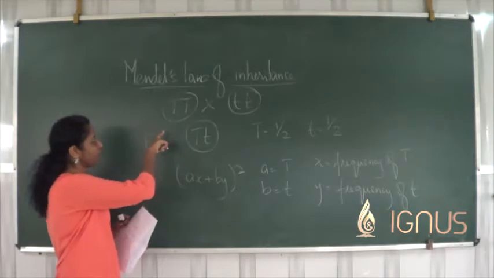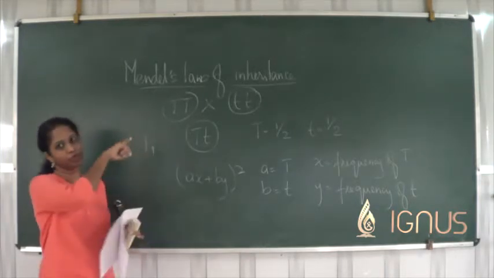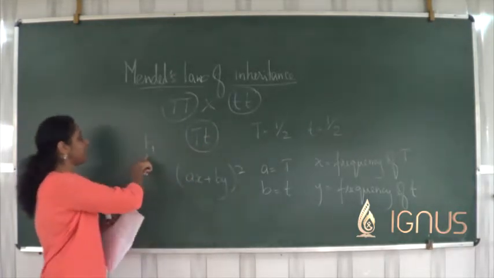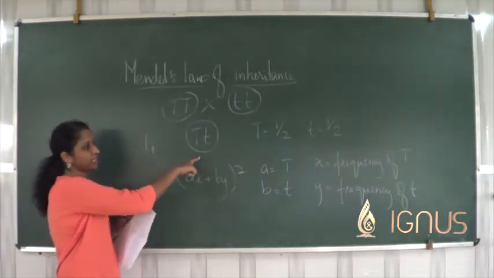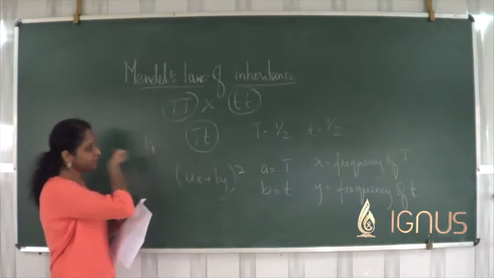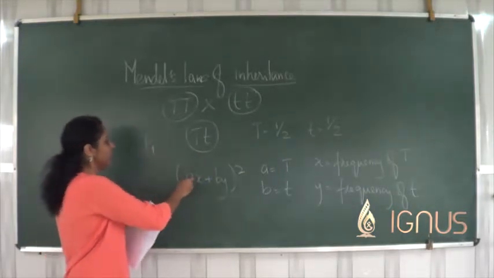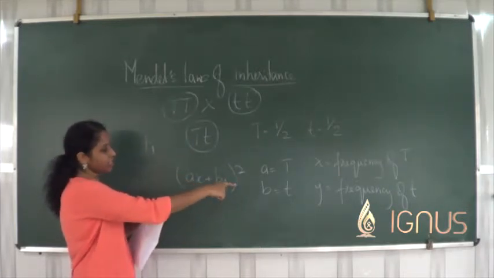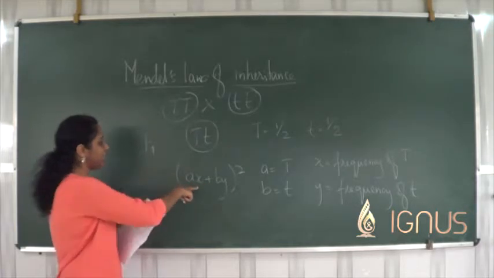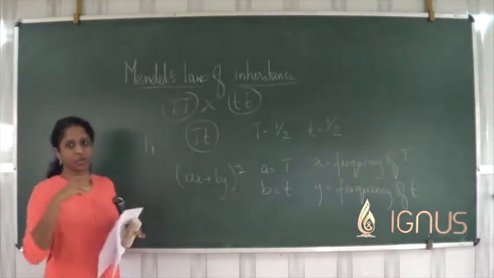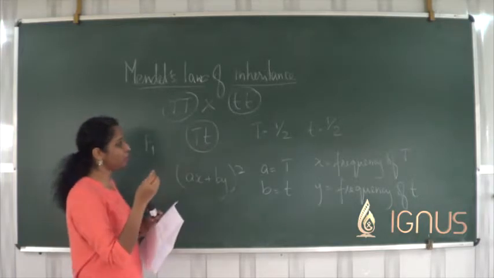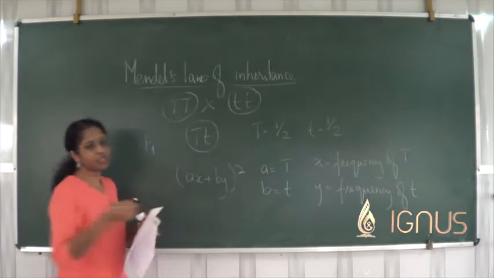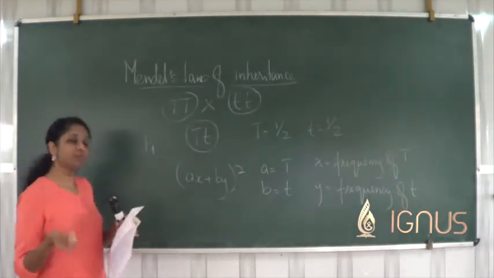If you take the example of crossing a pure breed tall plant with a pure breed dwarf plant, in the F1 generation you'll be getting a heterozygous tall plant. In that case one of the gametes would be capital T and another gamete, b in this case, would be small t. The x here refers to the frequency of T, meaning how much of T is present, and y is referring to the frequency of small t, as in how much of small t is present.